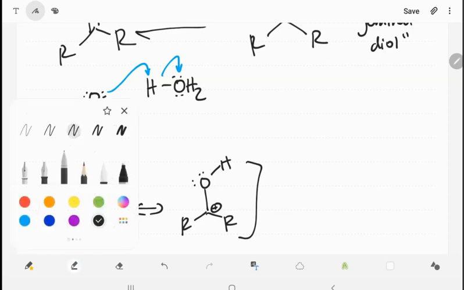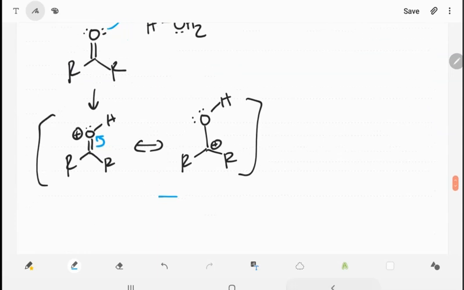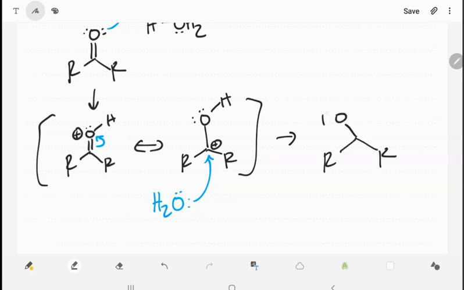we're going to have some water come in. Look who's here. It's our dear friend water. It's going to come in. We end up with now we've got now our positively charged oxygen because the water comes in.